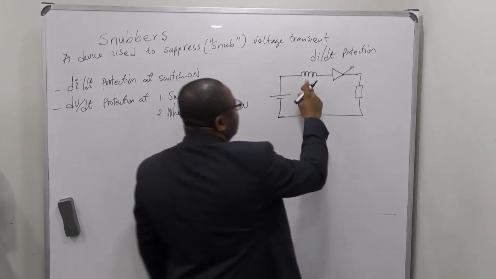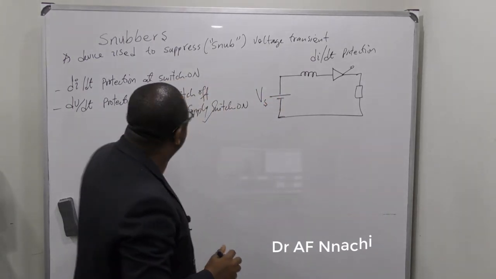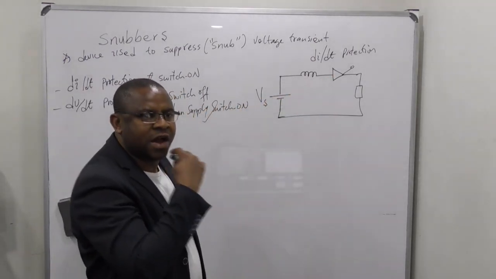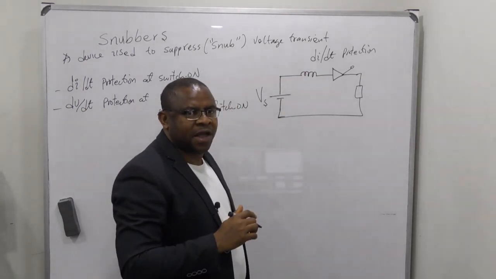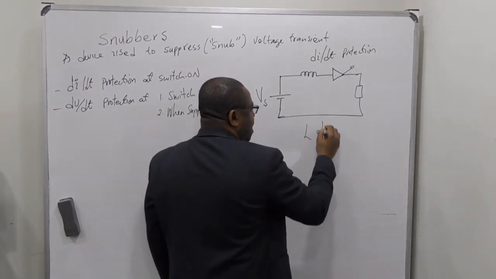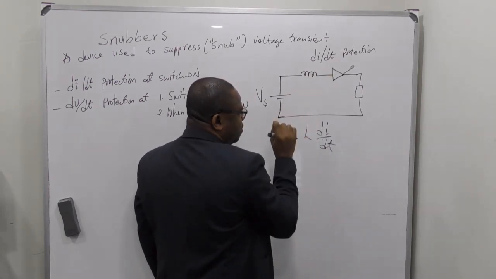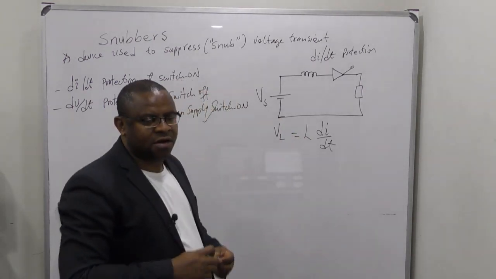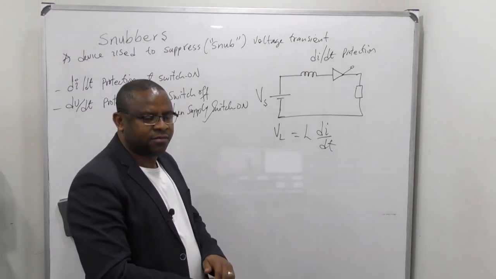Once I put an inductor here, with your Vs, once the switch turns on, this inductor will start building up current, and the voltage across the inductor will depend on the rate at which the current is being built up. That is VL equals L di/dt.